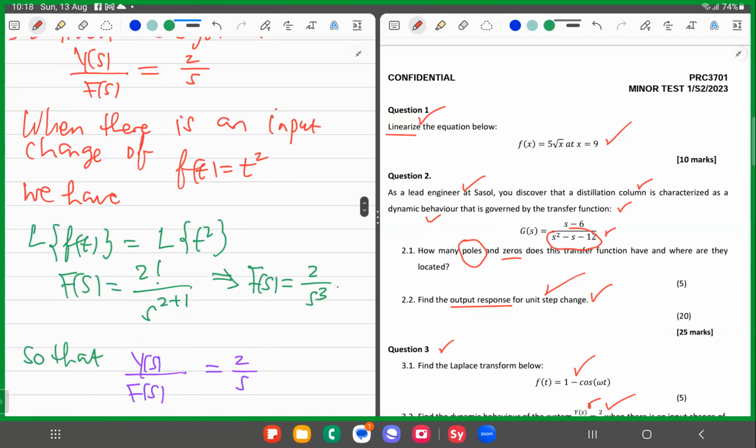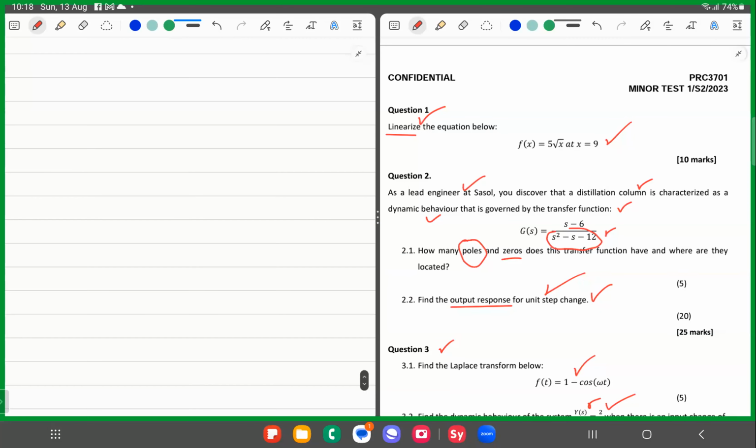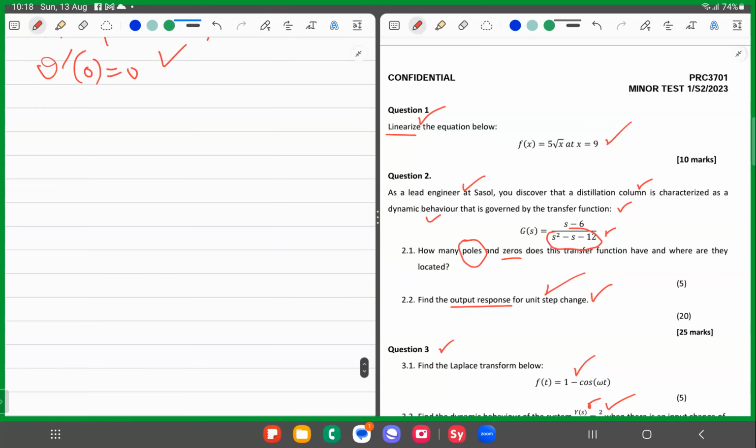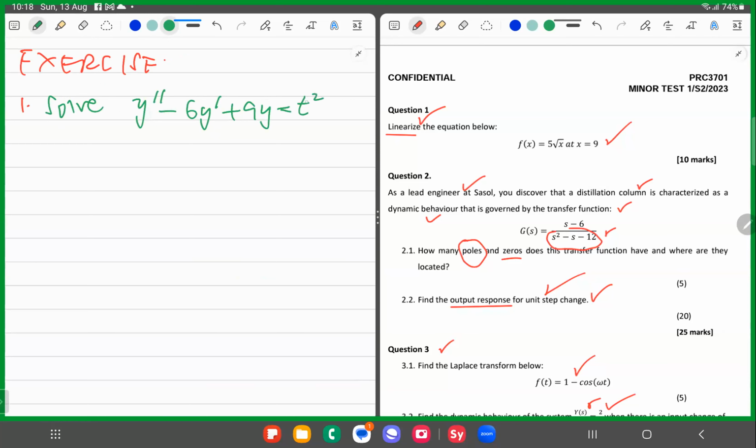I have hundreds of them, but let me just write this one here. An exercise. Right, so this exercise number 1, it says solve this one: y double primed minus 6y primed plus 9y is equal to t squared e to the 3t.